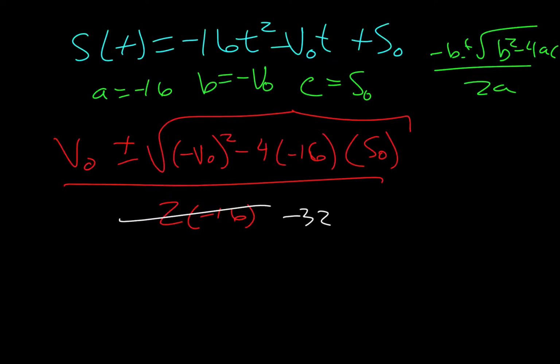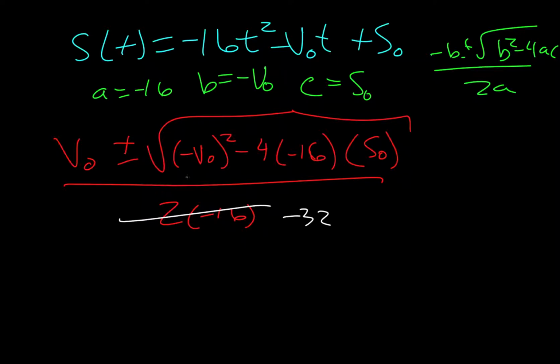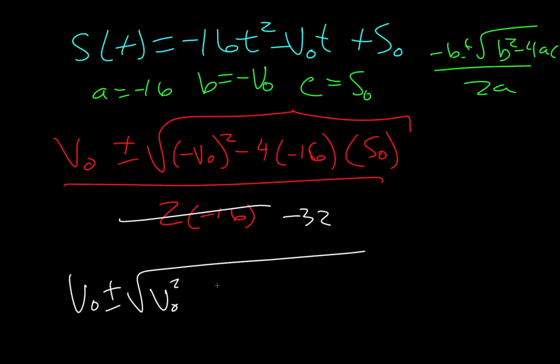So negative 16 times negative 4, we get 64. And negative v naught times negative v naught would just be v naught squared. So we're going to get v naught plus or minus the square root of v naught squared plus 64 S naught, and that's all over negative 32.